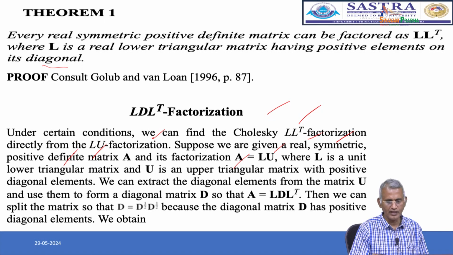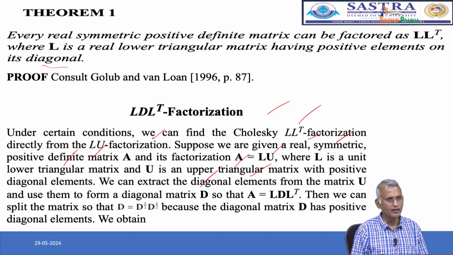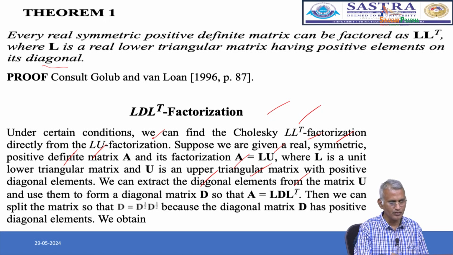We can extract the diagonal elements from the matrix U and use them to form a diagonal matrix D, so that A equals L D L transpose. Then we can split the matrix D into root D times root D, because the diagonal matrix D has positive diagonal elements.